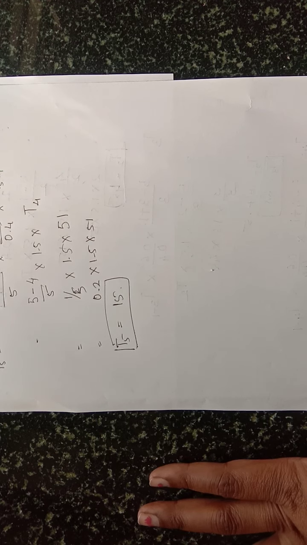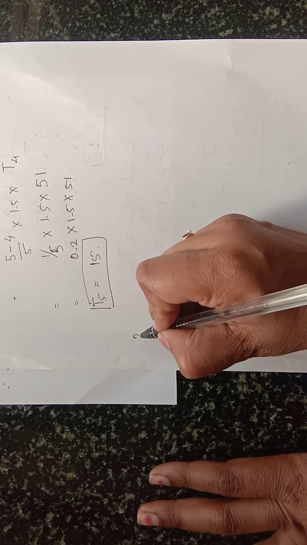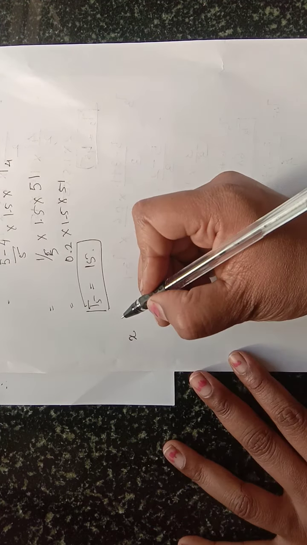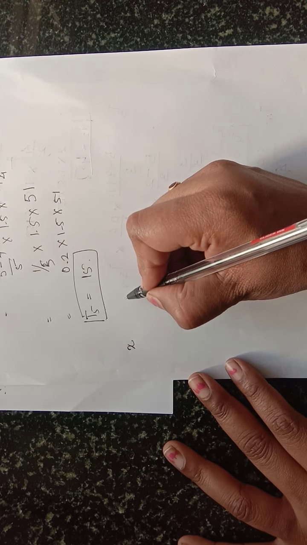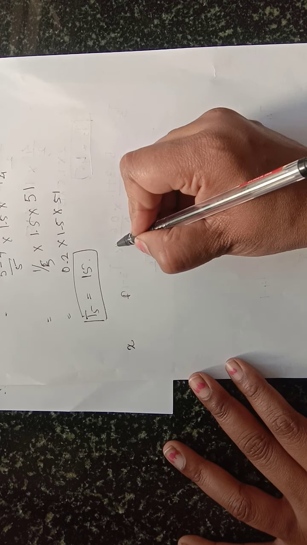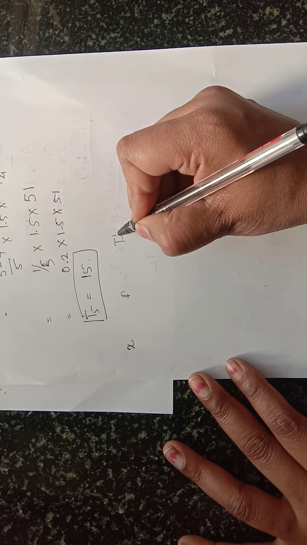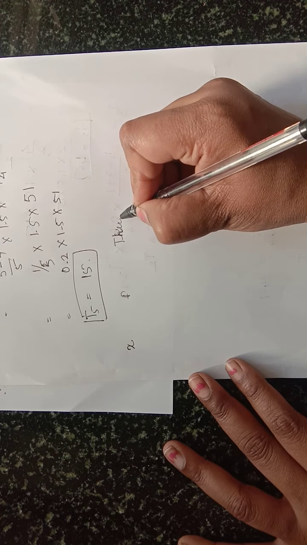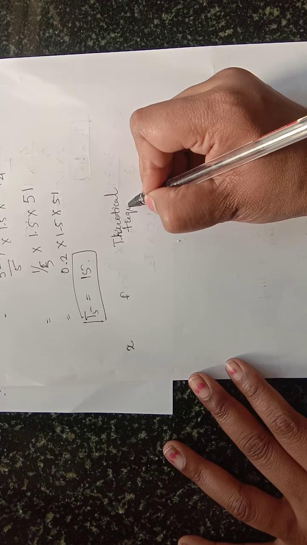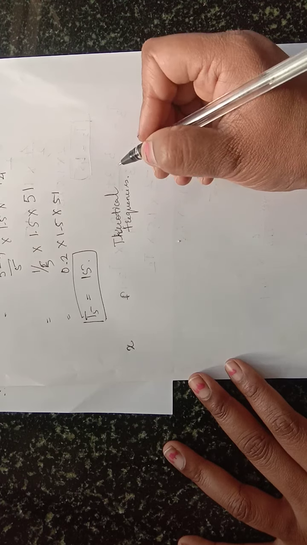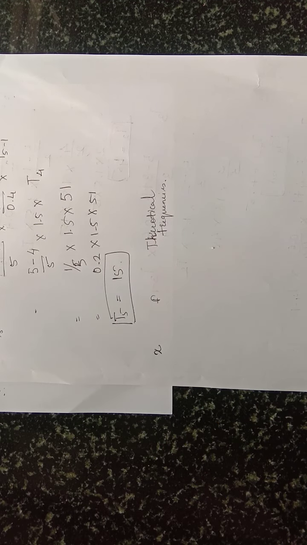Okay, so we have to prepare a table. X value, either you prepare like this or like this. We need x, given frequency and theoretical frequencies. Draw the lines for this table.